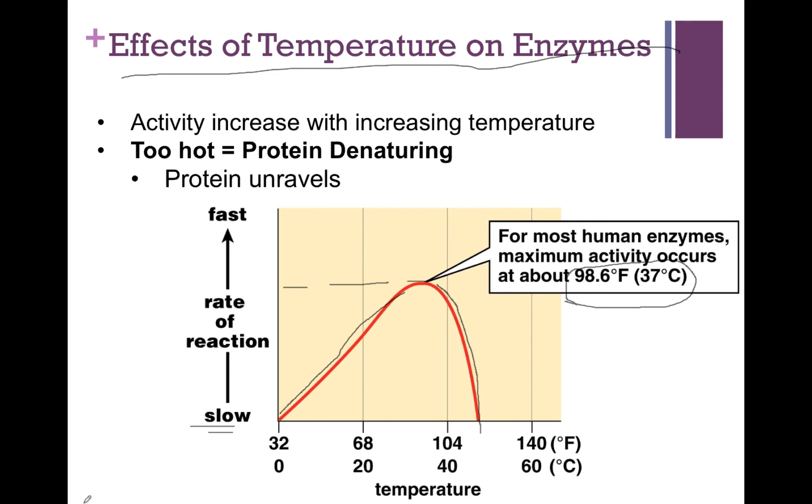Because if it's too hot, the protein can denature. What does that mean? The protein unravels. If the enzyme is unraveled, it can't do anything at all. So the general rule of thumb with temperature is as you increase temperature, you increase the activity of the enzyme. However, if it's too hot, you can denature the protein and ruin it.